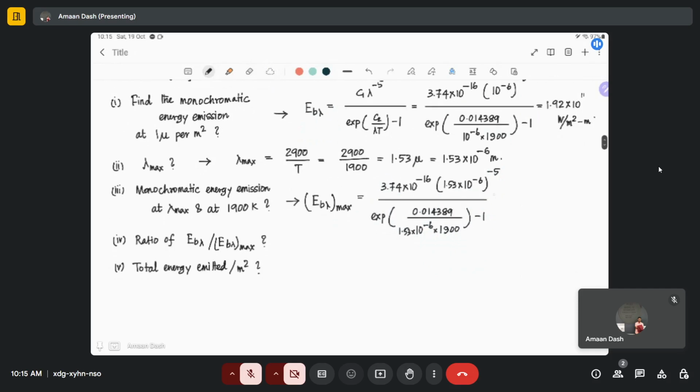If you do that, you will get 3.18, let's say 3.2 times 10 to the power of 11 watt per meter square per meter.